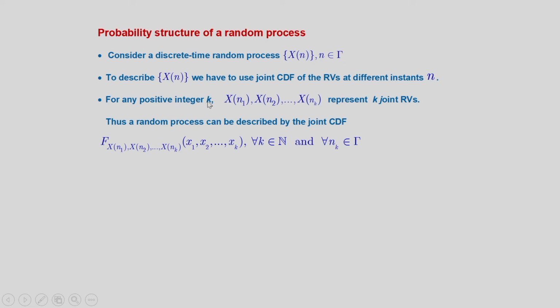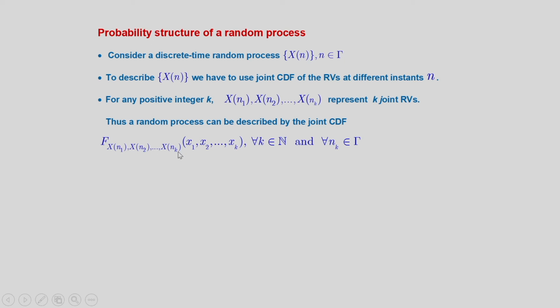Suppose we consider any positive integer k, then x[n1], x[n2] up to x[nk] represent k joint random variables, because we are considering the random variable at instants n1, n2 and so on up to nk. So, there are k joint random variables, therefore, they can be characterized by the joint CDF.